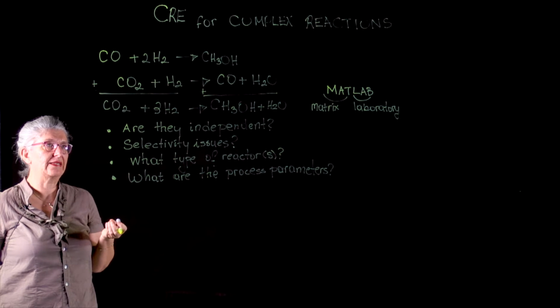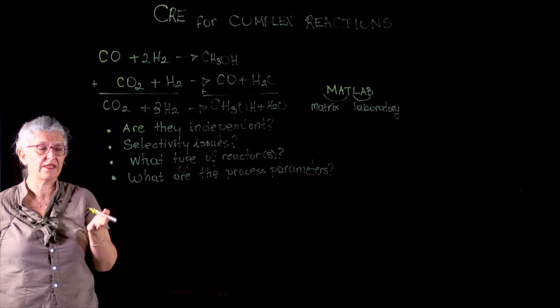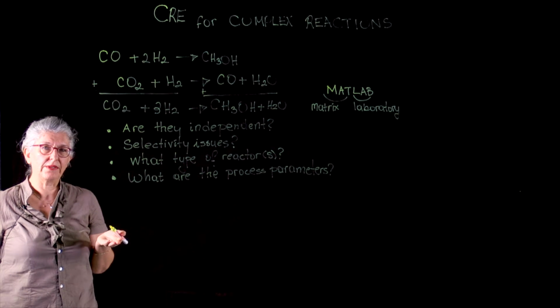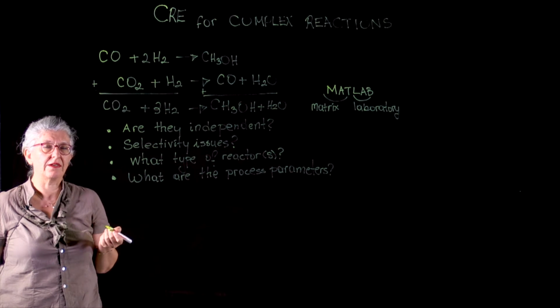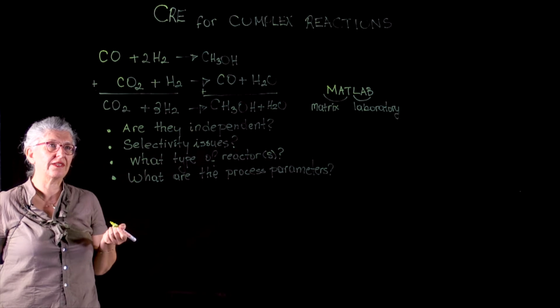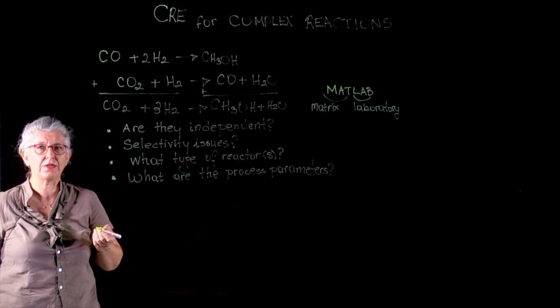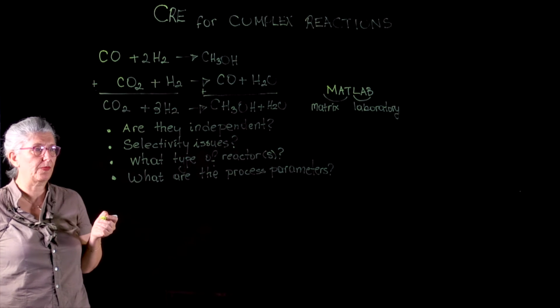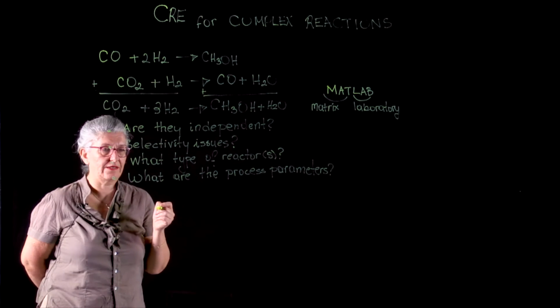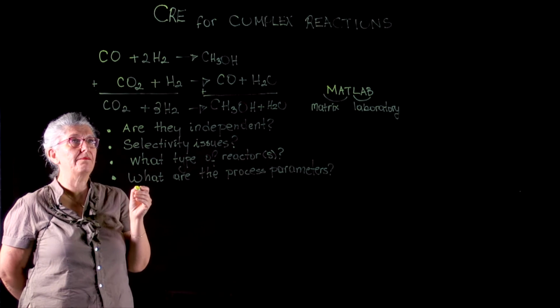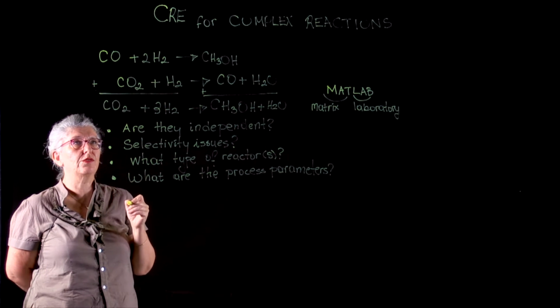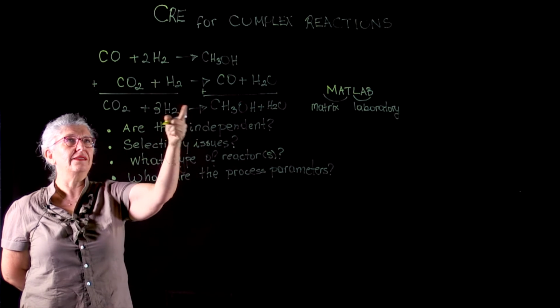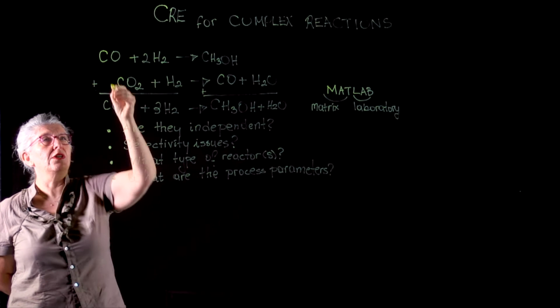If the rank is less than the number of reactions that we wrote, obviously some of the reactions are derived reactions that can be derived by the addition or subtraction of some of the reactions that are present in the network.